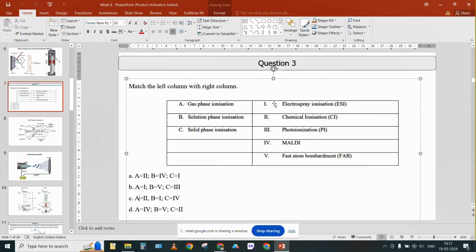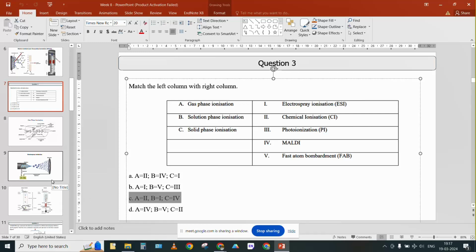So according to this, option C is the correct one, where gas phase ionization is matching with chemical ionization, solution phase ionization is matching with electrospray ionization, and solid phase ionization is matching with MALDI. So the correct answer for question 3 is option C.